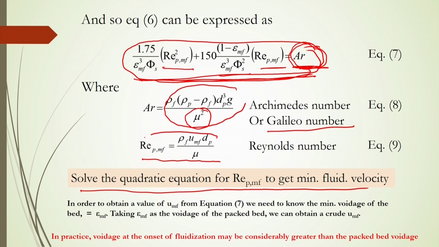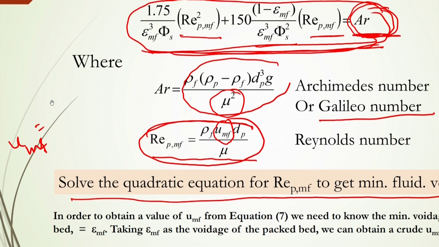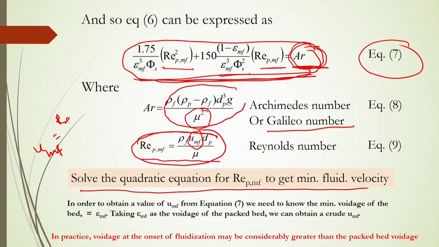If you know Re mf from equation 7, you can calculate U mf. U mf will be equal to Re mf divided by rho f dp into mu.